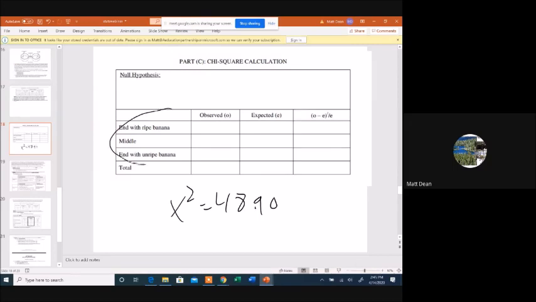We had essentially three different places those flies could be: the end with the ripe banana, the middle, or the end with the unripe banana. Three possibilities. Our degrees of freedom are essentially one less than our total possibilities. So we had three possibilities minus one. Our degrees of freedom are two.